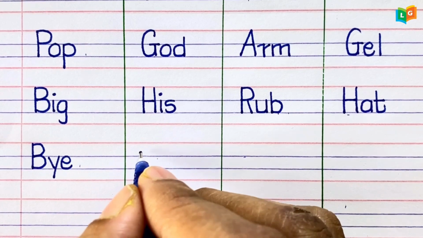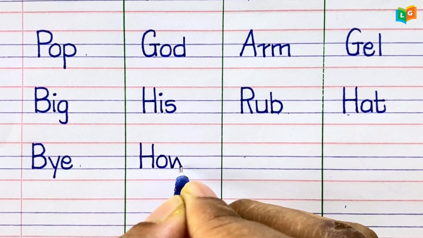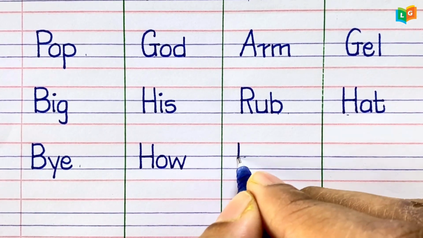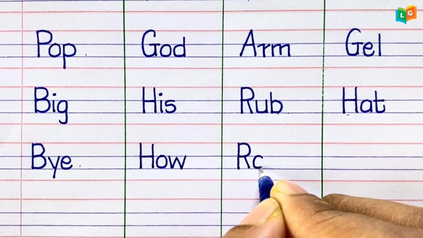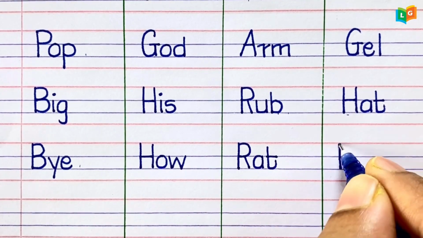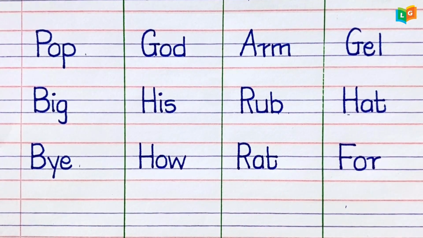B-Y-E, bye. H-O-W, how. R-A-T, rat. F-O-R, for.